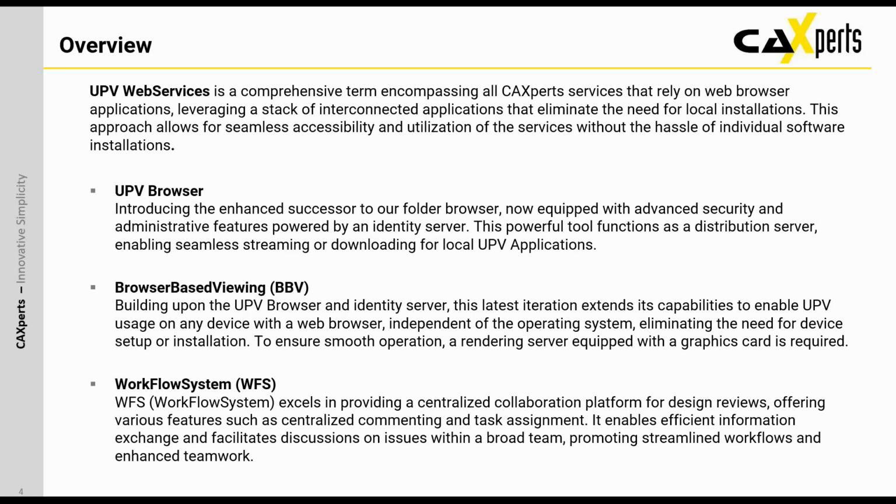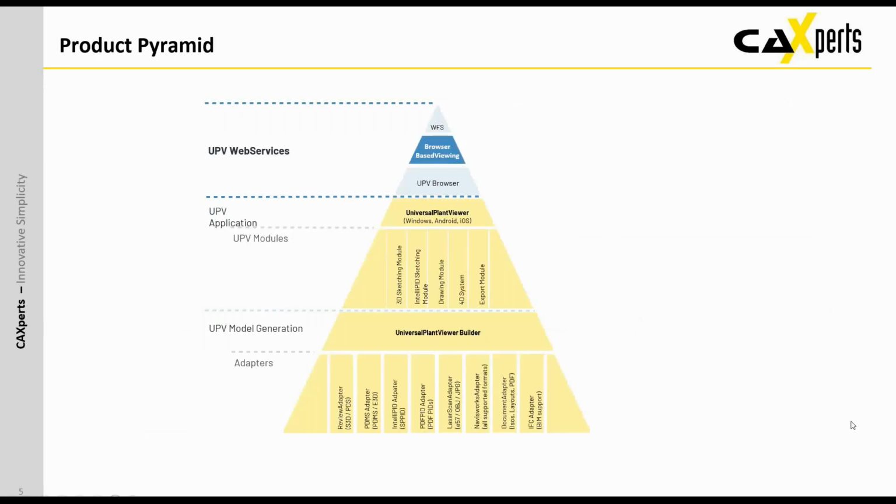So where are the UPV Web Services actually placed in our product pyramid? Well, first of all, we've got the adapters that culminate in the builder that creates models for the UPV application. The UPV application, again, can have different modules.